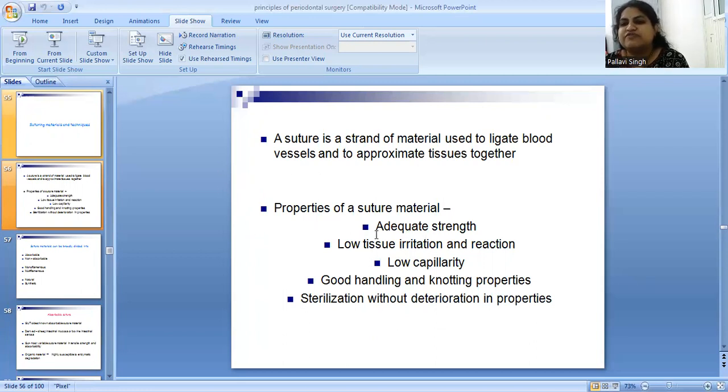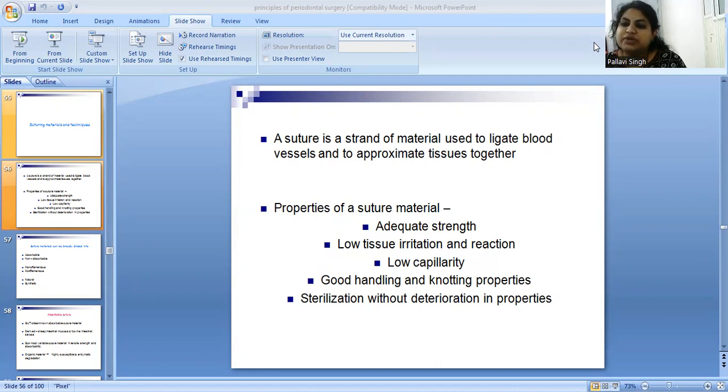It should be of sufficient strength, so there is no breakdown of the suture material within the period of healing, because it can cause scarring in the tissue. And low capillarity, because with high capillary action it can be a source of infection.